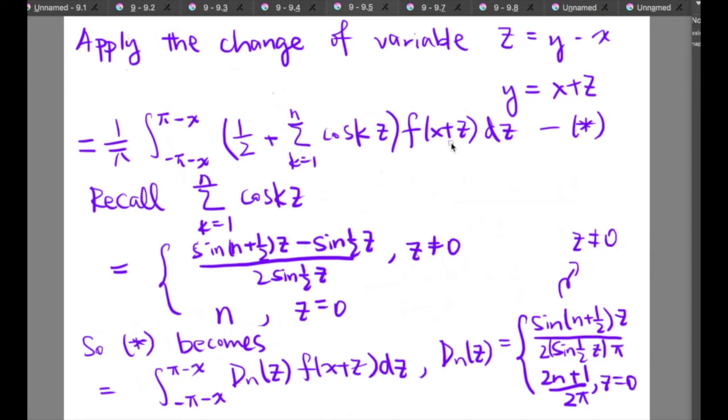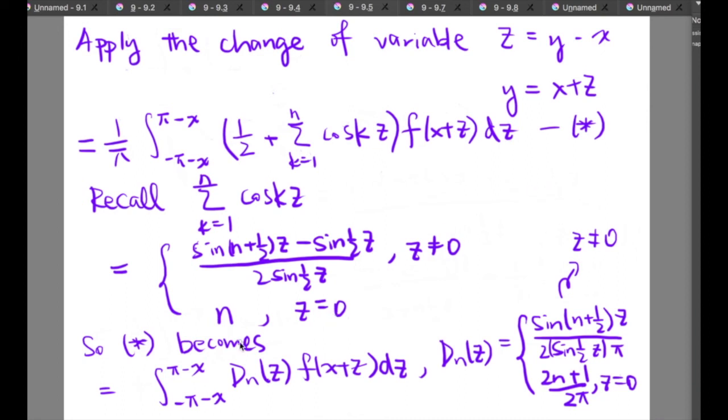And recall the previous identity. The previous identity said that if z is non-zero, then the sum from k equal to 1 to n of cosine kz is equal to this expression. And if z is equal to 0, then the cosine kz here will become 1, and this is equivalent to adding 1 n times, and therefore it is equal to n if z equals 0.